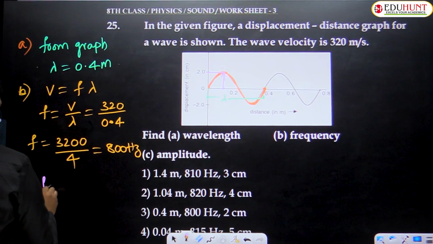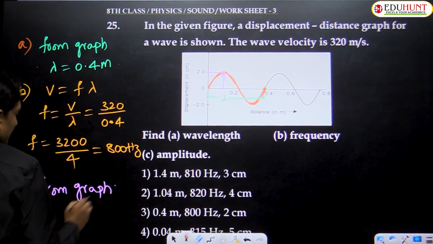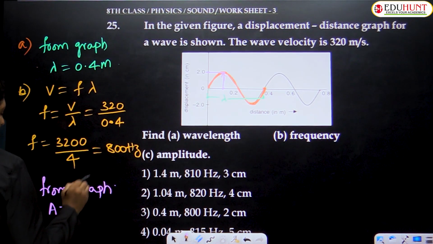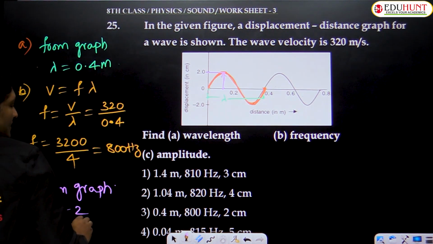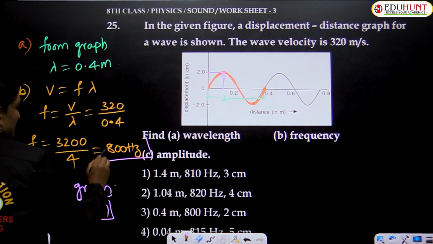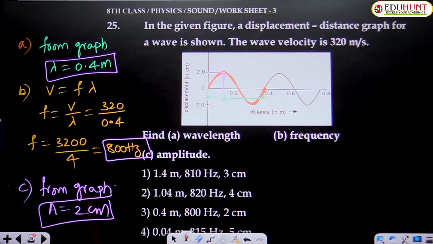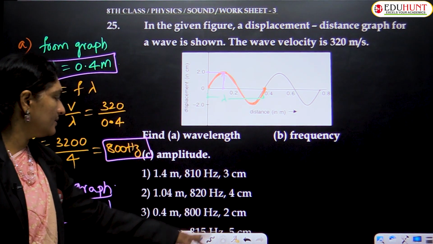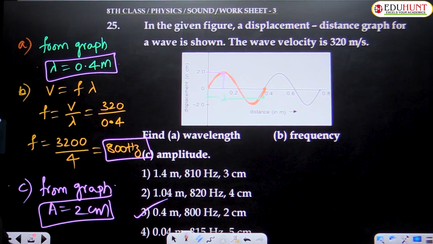From the graph again we found that amplitude A is equal to this pink color. How much is that? 2 centimeters. So here are the 3 options. First option 0.4, second option 800 and third option 2 centimeters. So the third option must be true. I hope it's clear, children.